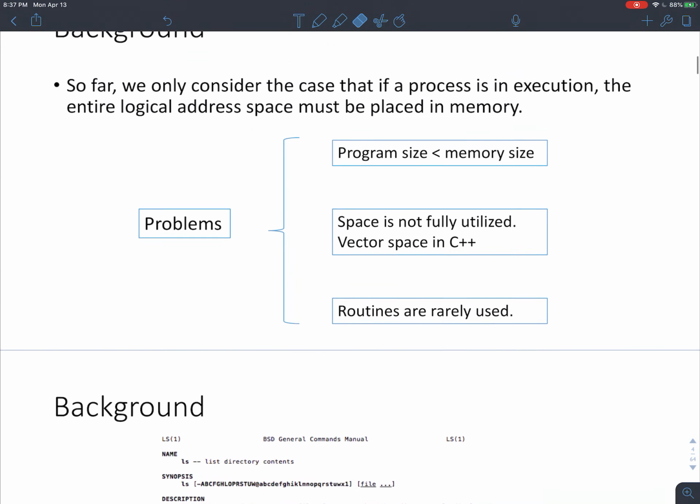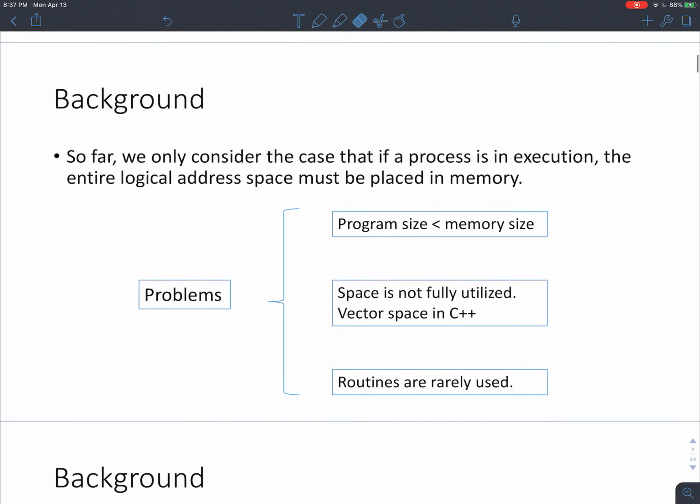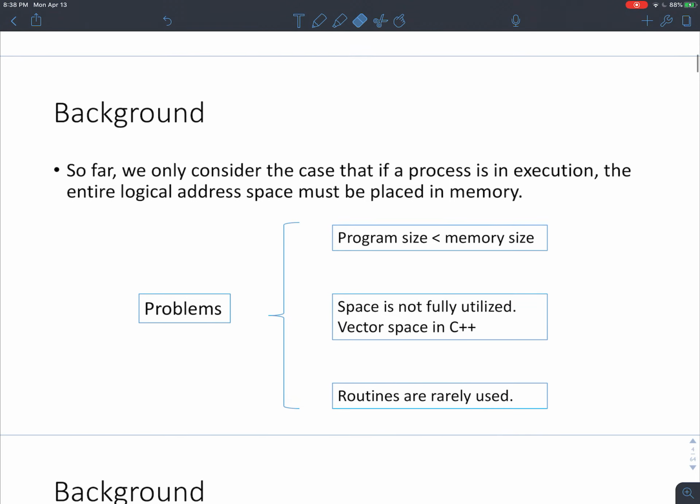So if we load all the program into memory in order to execute the ls command, this will result in, let's say, 90% or 80% of the process memory space never being utilized, because we don't use those very complicated options in practice. And this leads to a waste of the memory space.